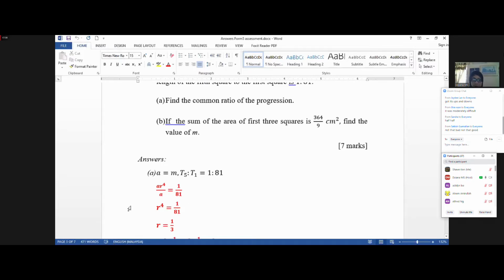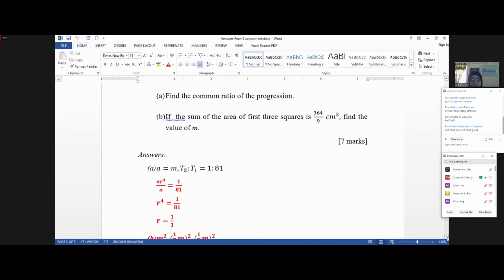Only from the ratio of T5 to T1, you can get the common ratio R. Sum of the area of the first three squares. So now your geometric progression must come from the area of the square. You have to form your new geometric progression from the area of the square.